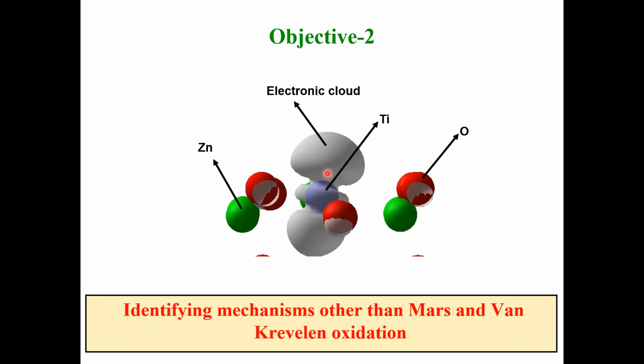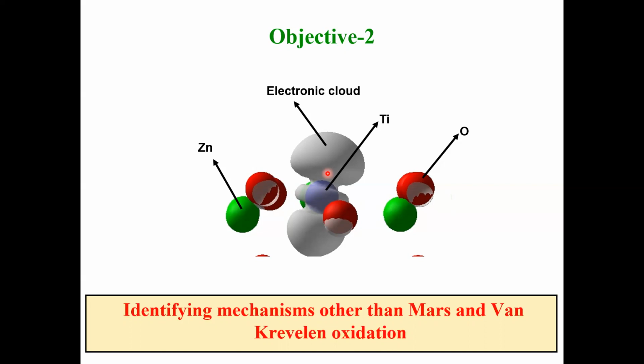The Mars-van Krevelen mechanism was first documented in 1963. This is the dominant mechanism that was shown for oxidation reactions. I got into a lot of controversy when I did this work, because I proposed a completely different mechanism for thinking about oxidation reactions.